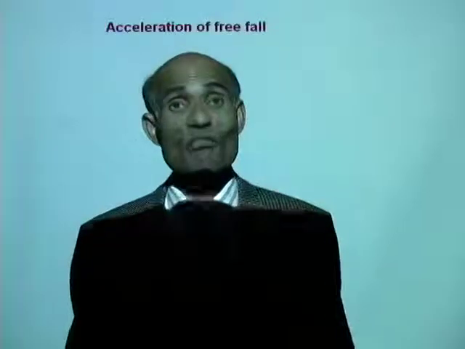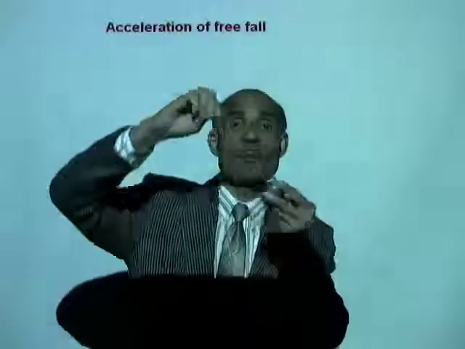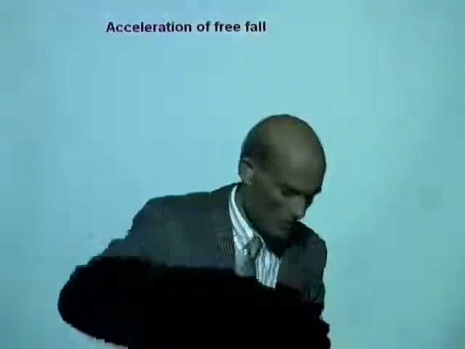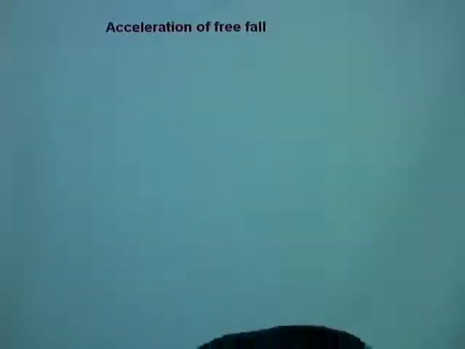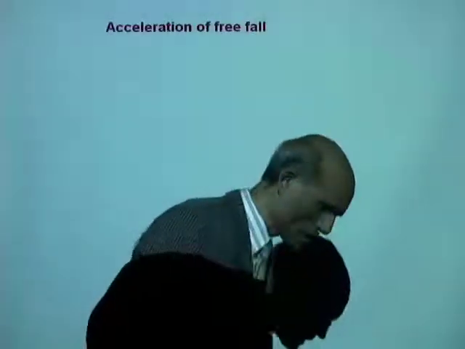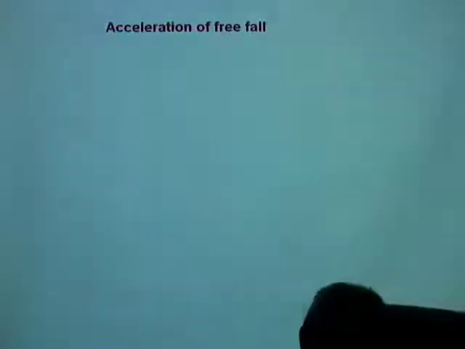Now, let's talk about acceleration of free fall. You see, all freely falling objects, if I drop this ball, it falls to the ground, and as it keeps falling, it accelerates downward. All freely falling objects have a downward acceleration.